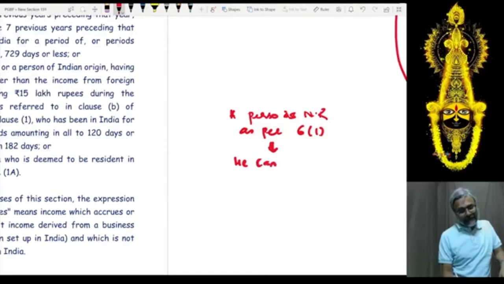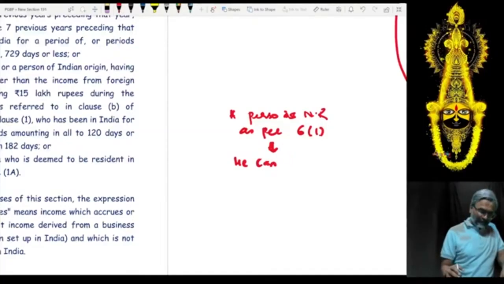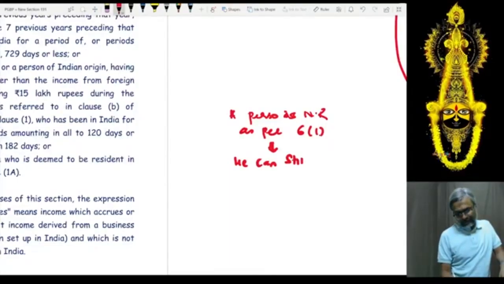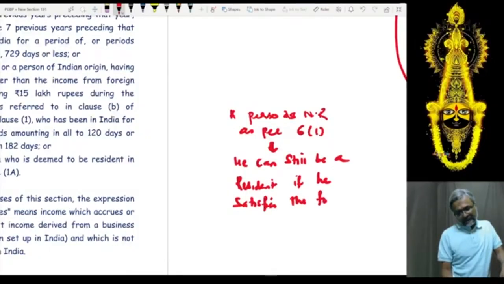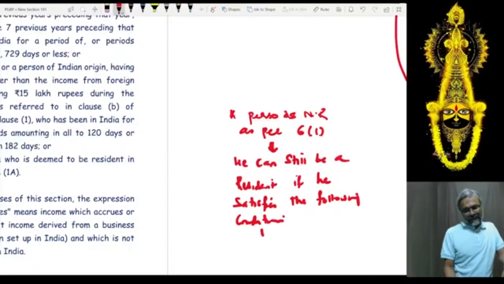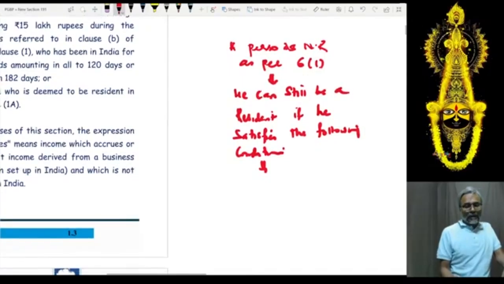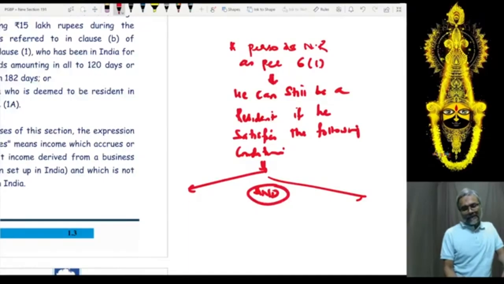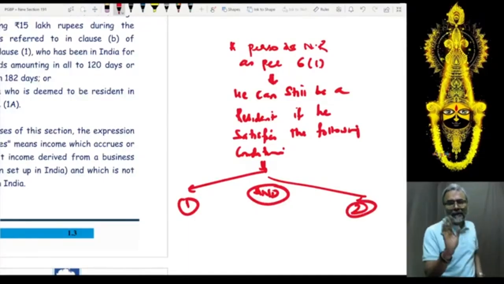He can still be a resident if he satisfies the following conditions. Now there are two conditions that you have to satisfy. The conditions are "and," not "or." This and this. I'm just making the structure. You will copy it down later on your own.